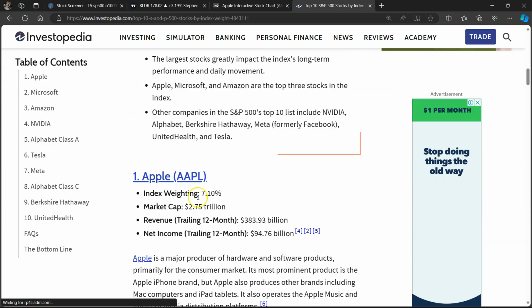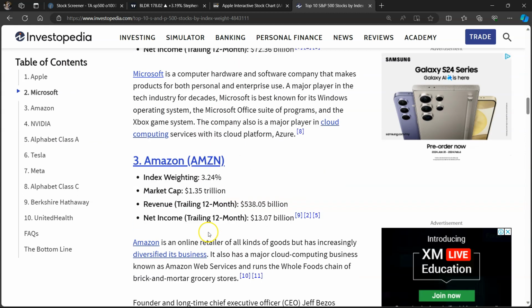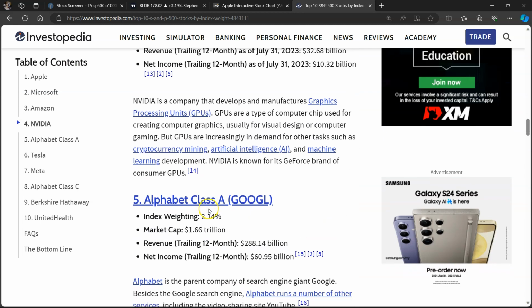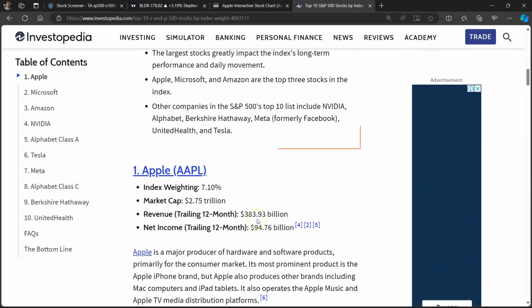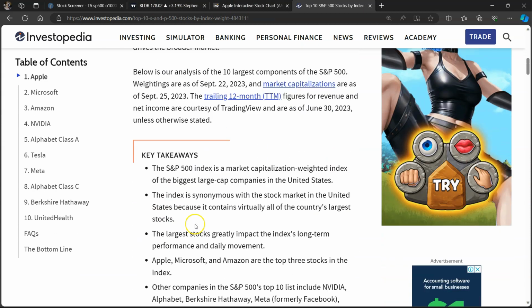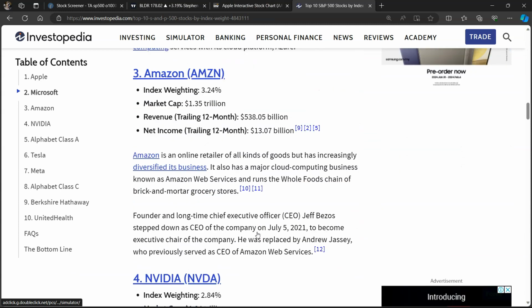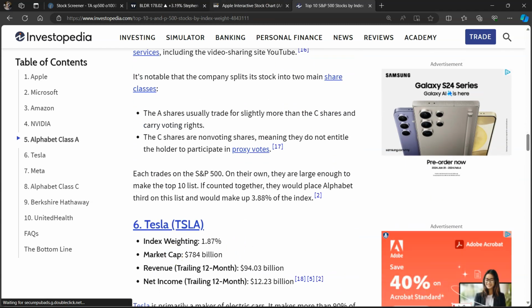What are the top 10? Apple 7.1, Microsoft 6.5, Amazon, and then NVDA, and then Alphabet, which is why we want to have a look at all this stuff. Apple, Microsoft, Amazon, NVIDIA, Google, and Tesla.